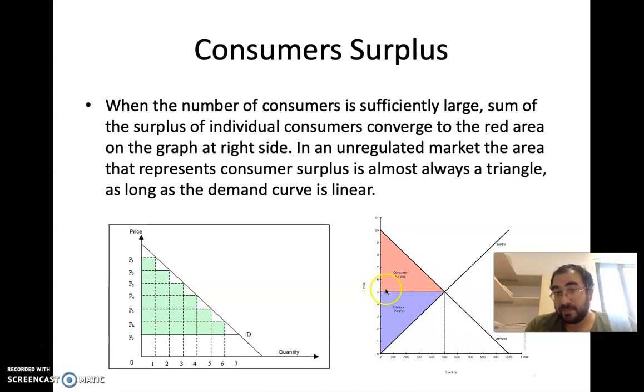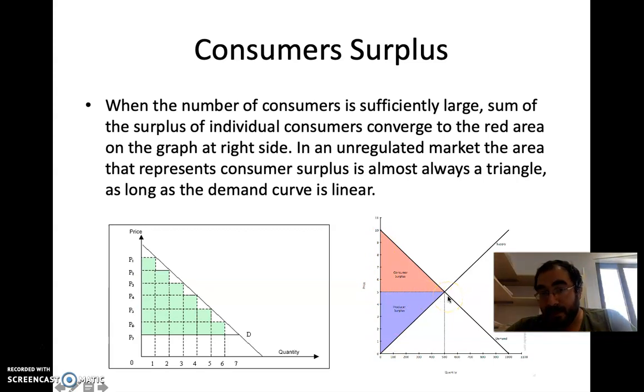You calculate it by subtracting the equilibrium price from the maximum price, the price at which the demand is zero, multiplying it by the equilibrium quantity, and then dividing it by 2.